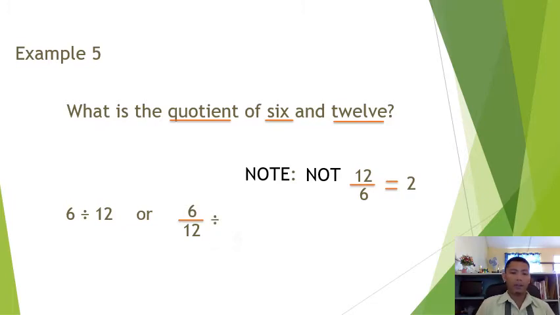So let's divide this by 6. That gives us 1 half, 1 over 2. 1 half is less than 1. Okay, so what if the numerator and the denominator are equal? Of course, the value is exactly equal to 1. Okay, are we clear on this? Don't be confused. Next, let's have another example.